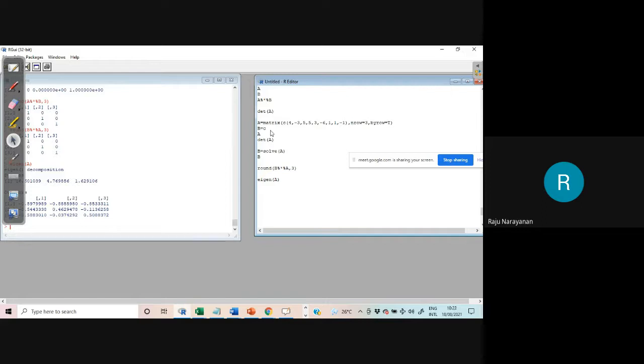Okay. Solve A comma B. Our life is very simple, no? Solve A comma B will give you the solution of that simultaneous linear equations.